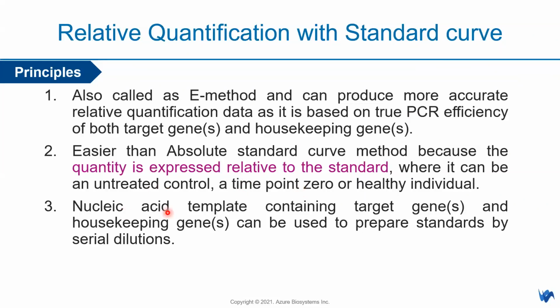Any nucleic acid template containing the target gene and the housekeeping gene can be used to prepare standards by serial dilution. So you don't have restrictions here. Anything that contains your target gene and housekeeping gene, you can use to set up the standard curve.